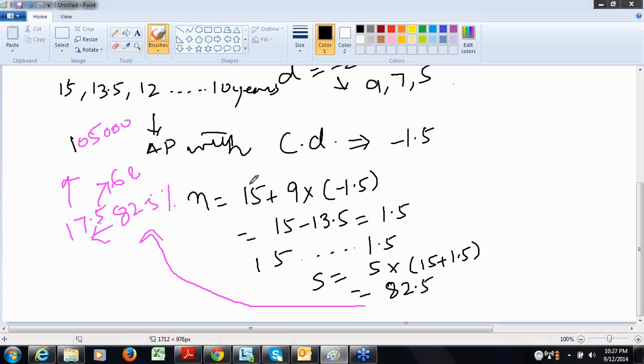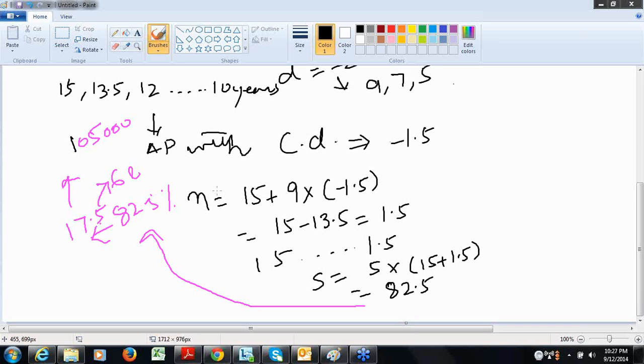Let me explain once again. For every year the machine's cost is getting depreciated. First year it is getting depreciated by 15%, next year 13.5, 12. So it is depreciating for the next 10 years. This is forming an AP, where the common difference is minus 1.5.